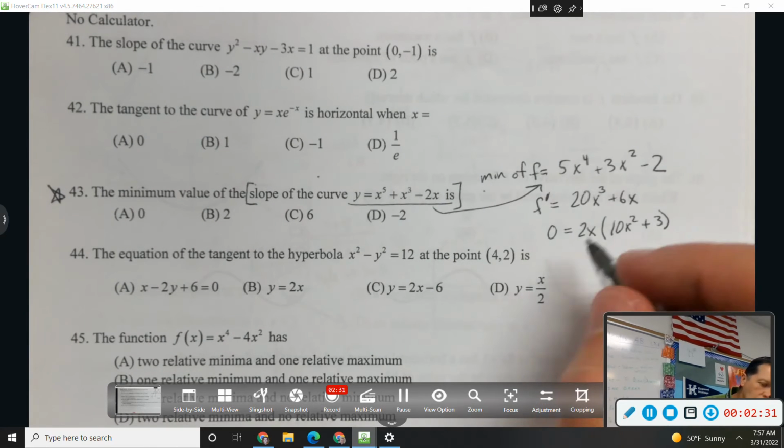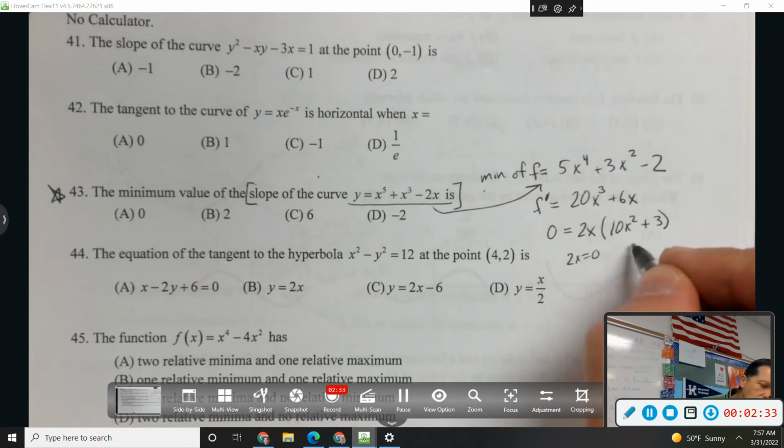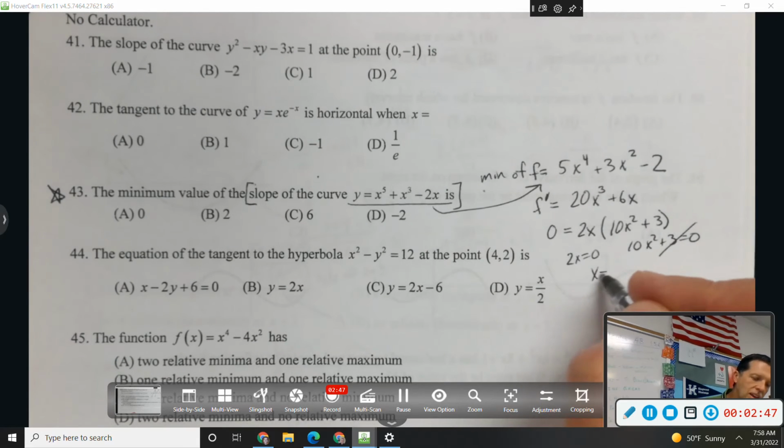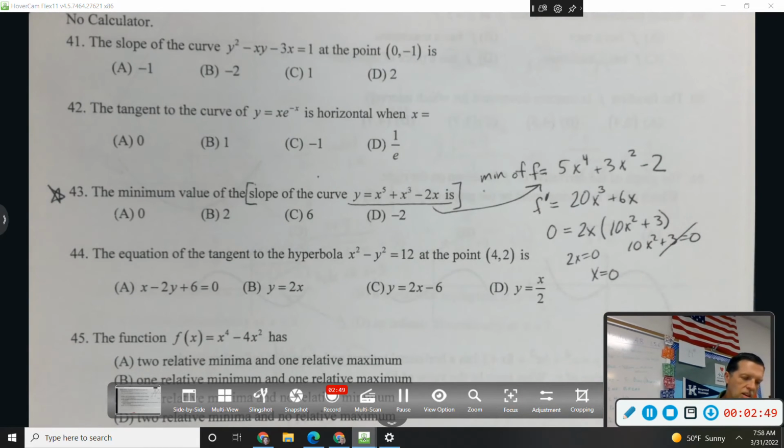Oh, this is going to work out okay. I set them both equal to 0. 10x squared plus 3 is never going to be 0. Because if I subtract 3, then I've got x squared equals negative. So that doesn't add anything. So x equals 0 is my only possible critical point.